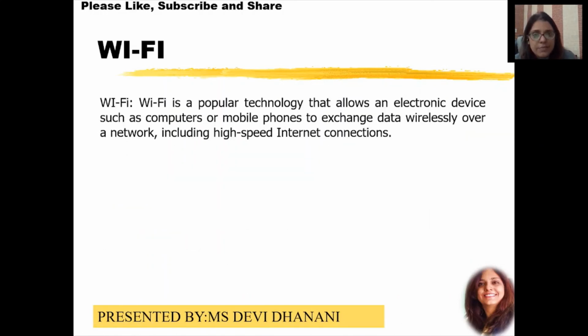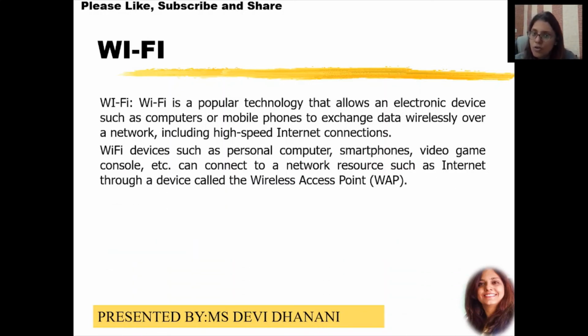Wi-Fi is a very popular technology. It allows an electronic device such as a computer or mobile phone to exchange data wirelessly over a network. These terms are so popular these days that we all have been using them in our homes. Now, one of the important terms to be understood with Wi-Fi devices is the wireless access point.